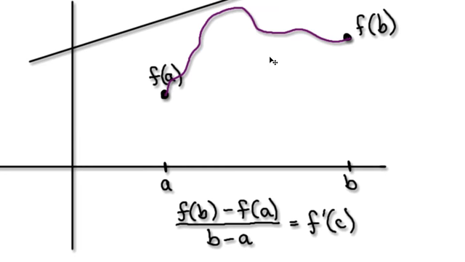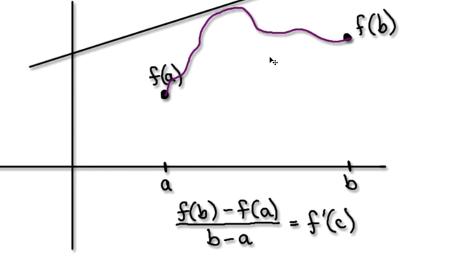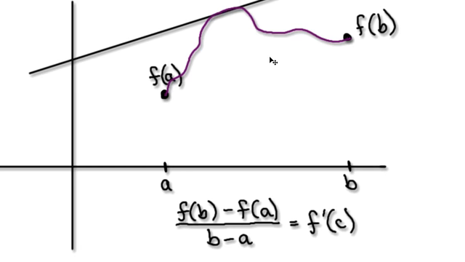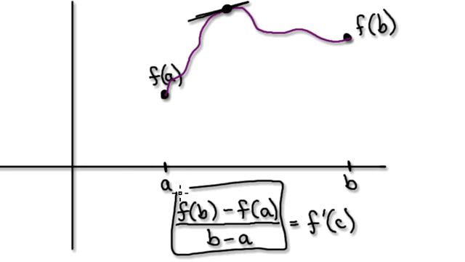Let me slowly move it down. Right at this point here, the gradient of the actual function would be the same as your average gradient.